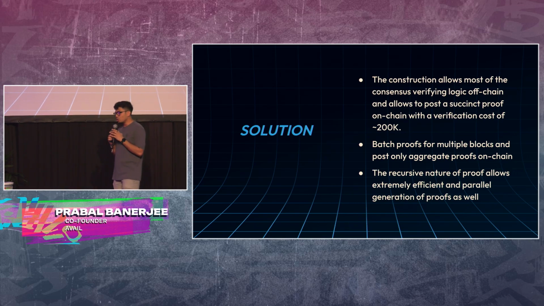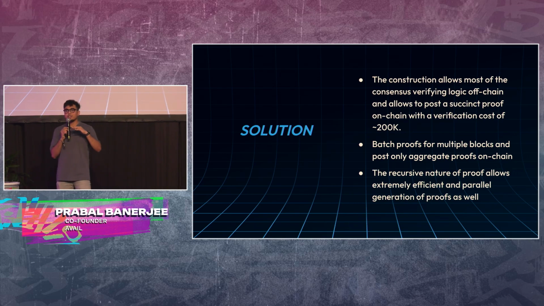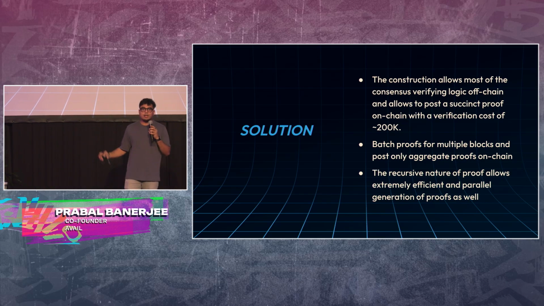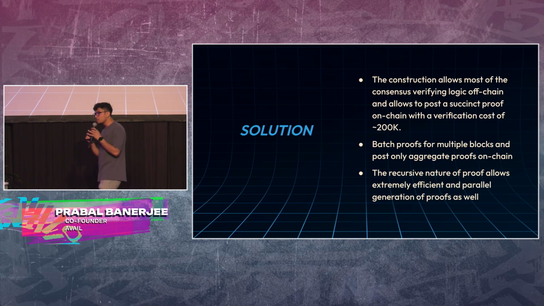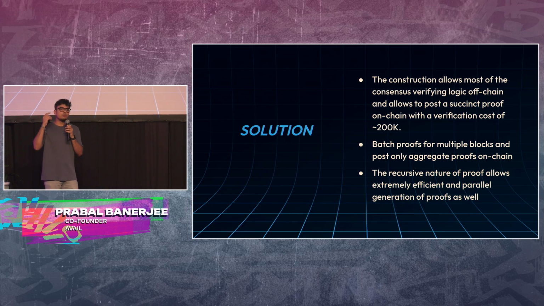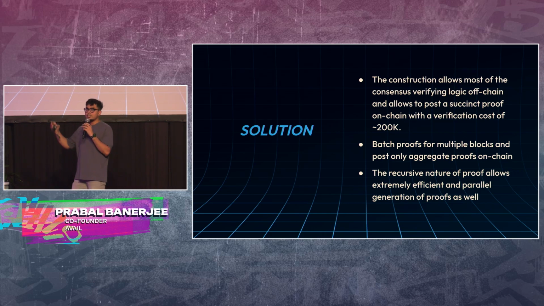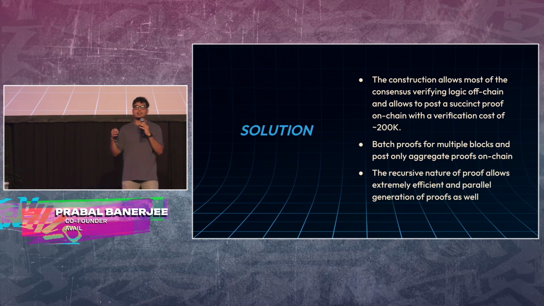We not only made the ZK verification around 200K gas in Ethereum, but also had multiple batches of these blocks recursively verified together. So not only was there one ZK proof which verified that a particular block was actually final, it included a range of blocks all verified together inside another ZK circuit.